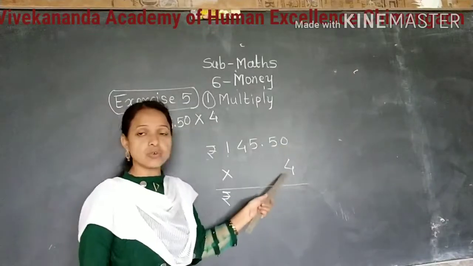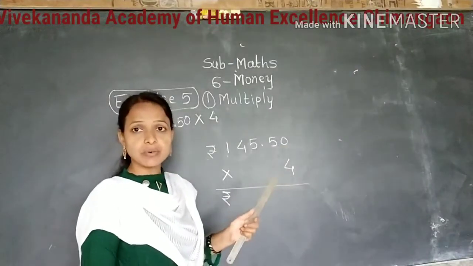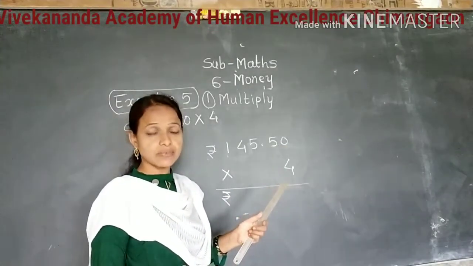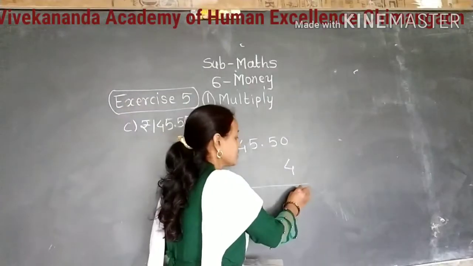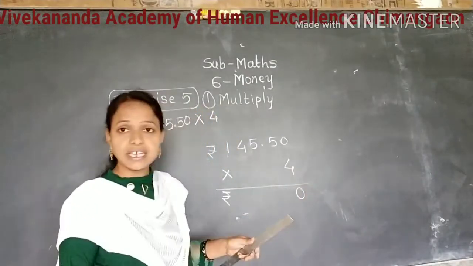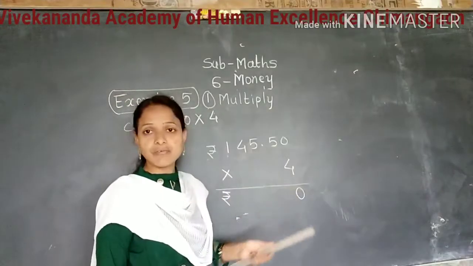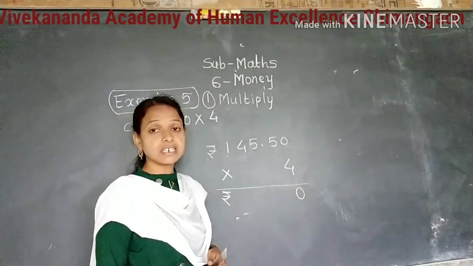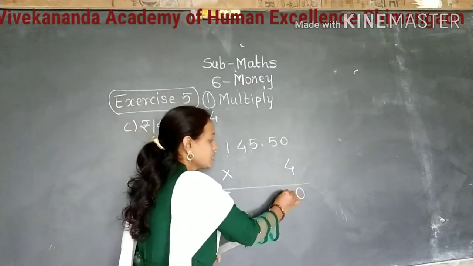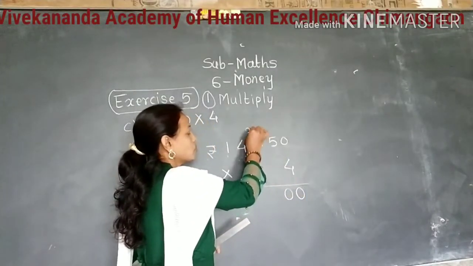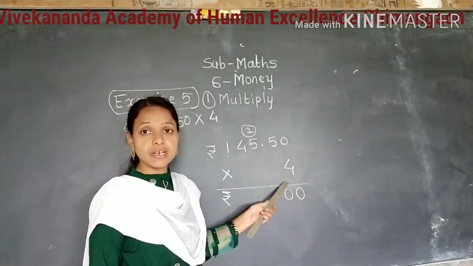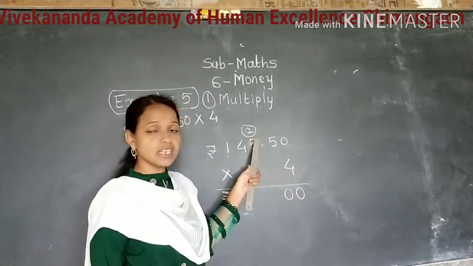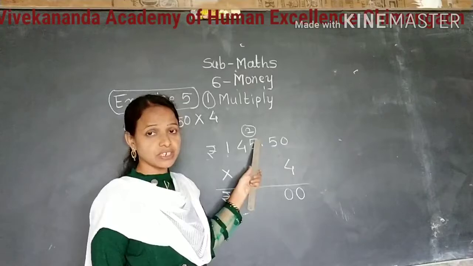First we multiply 0 by 4. We get product 0. You know that when you multiply 0 by any number, we get product 0. So here write 0. Then multiply 5 by 4. 5 4s are 20. So write here 0 and 2 carry. Then multiply 5 by 4. 5 4s are 20. 20 plus 2 carry over is 22.